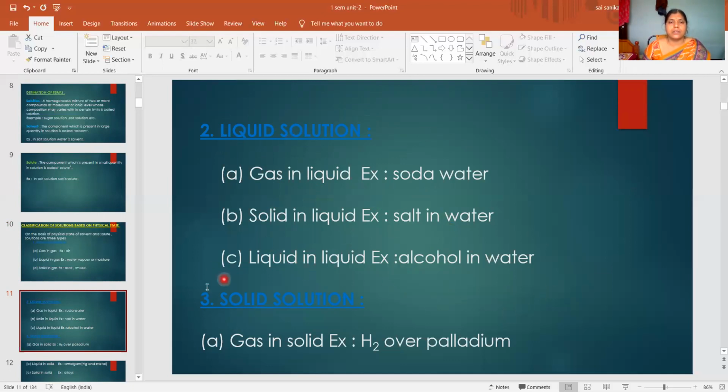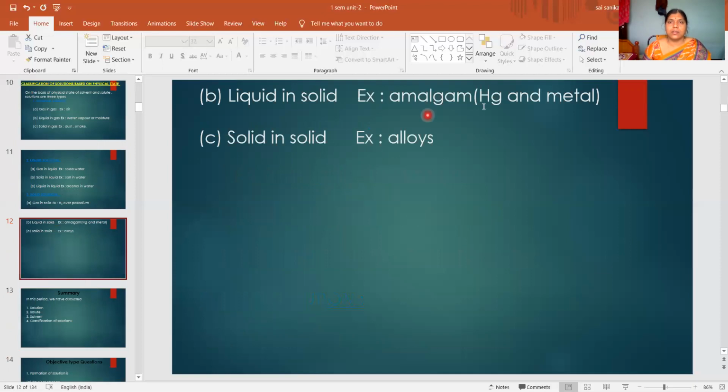Then last one is solid solutions, the solutions in which solid is solvent and solute may be gas or liquid or solid.